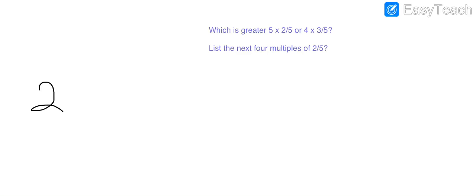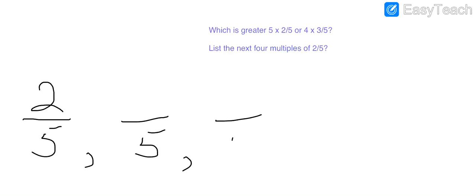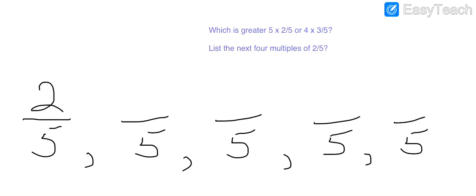All you're doing with multiples, the denominator, the bottom number, is going to stay the same. You're going to have 5 as your denominator. 5 como el denominador. Eso no va a cambiar.